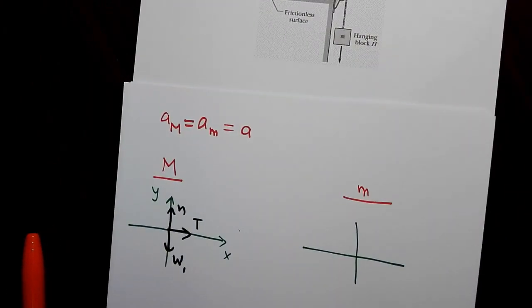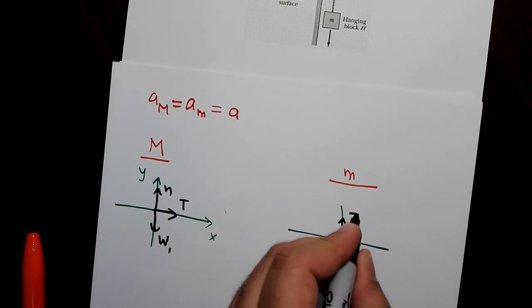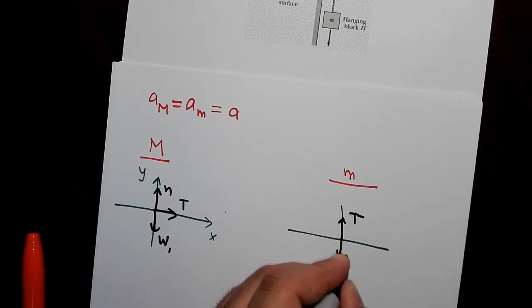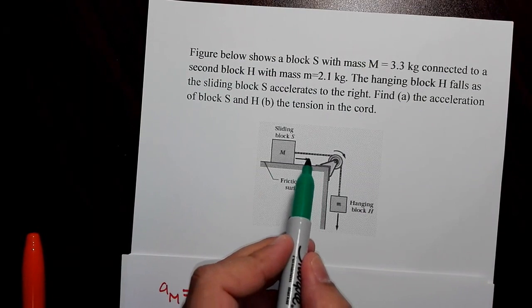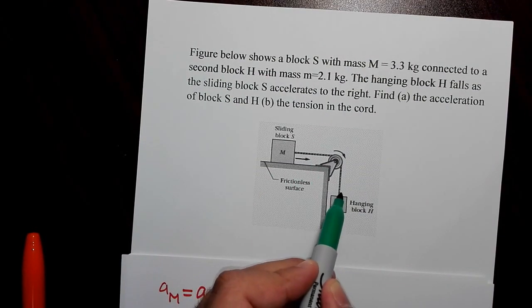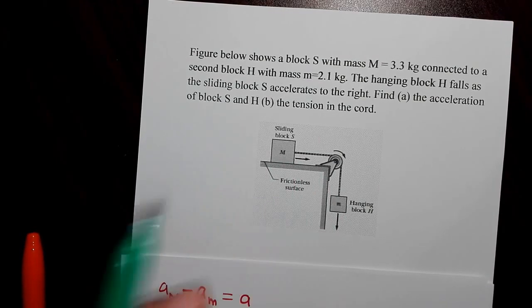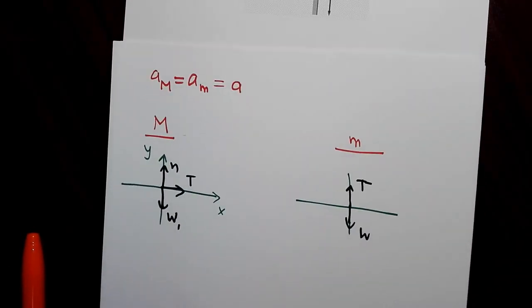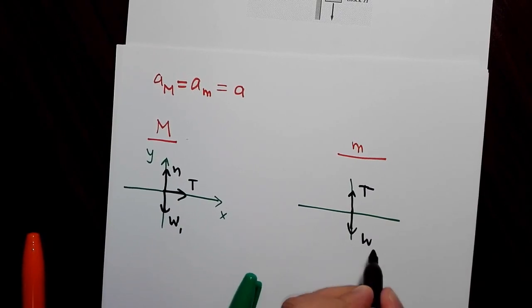So you get tension, weight. Now tension in the string is the same also. So tension over here is the same as the tension over here. That's another constraint in these systems, that the tension is the same, and acceleration, as we've already said, is the same. So let's call this weight W2.